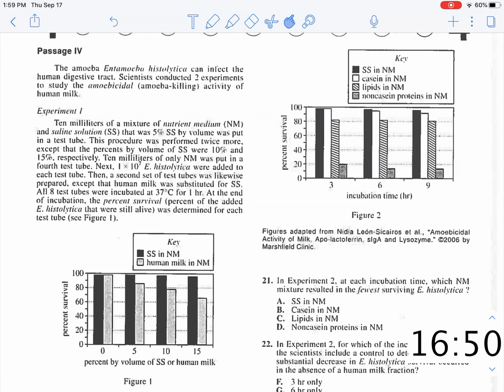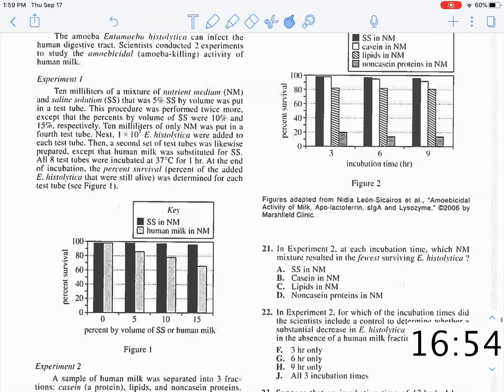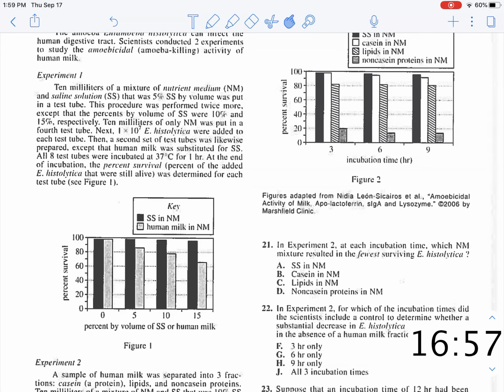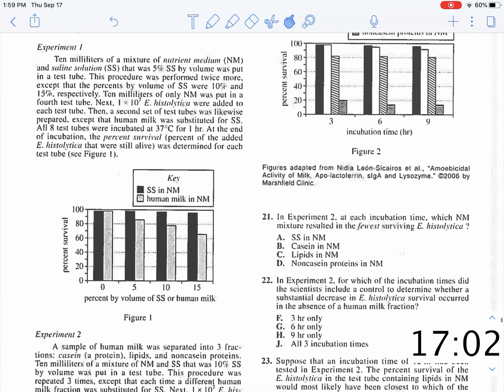The amoeba that can infect the human digestive tract. Scientists conducted 2 experiments to study the amoeba killing human milk. What? That's so weird. Okay. 10 milliliters of nutrient medium in saline solution, that's 5% saline, was put in a test tube. 10 milliliters of only the nutrient medium was put in a 4th test tube.